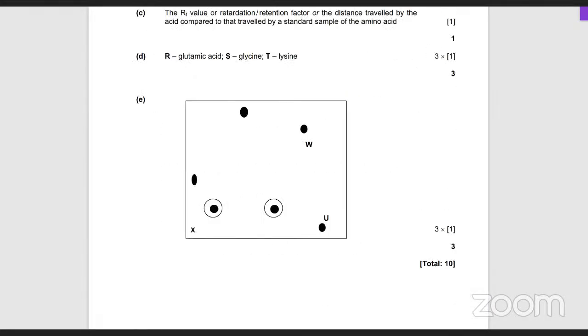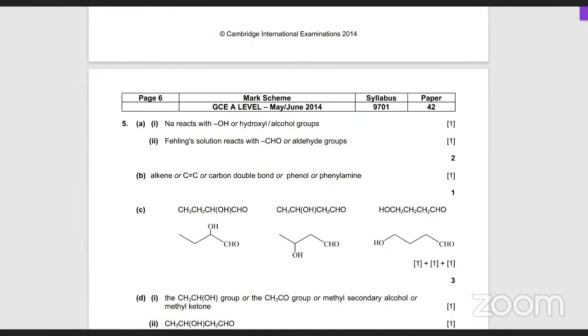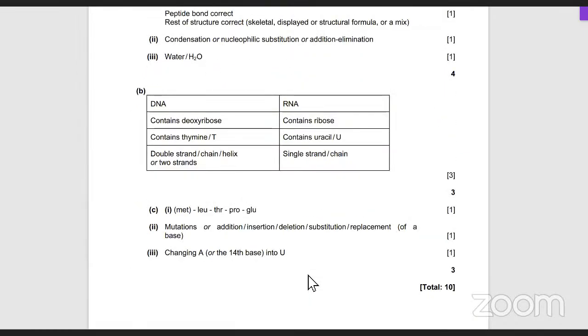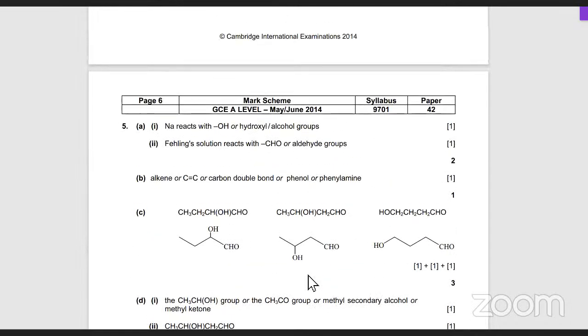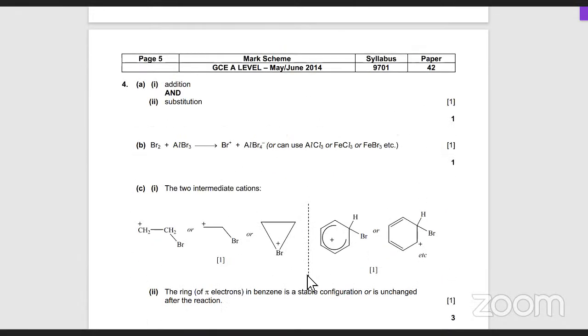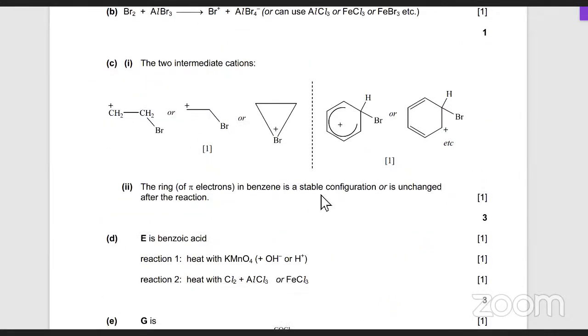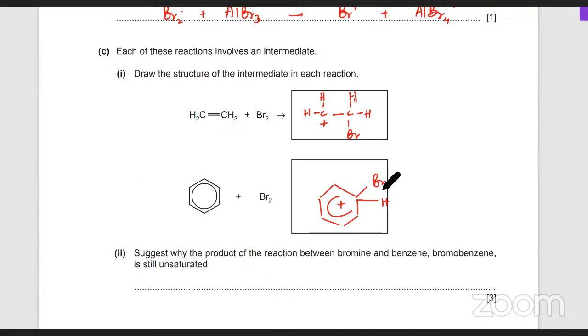So it is unchanged after the reaction; we can say the pi bond is reformed at the end of the reaction. The H loses electrons and the pi bond gets reformed.